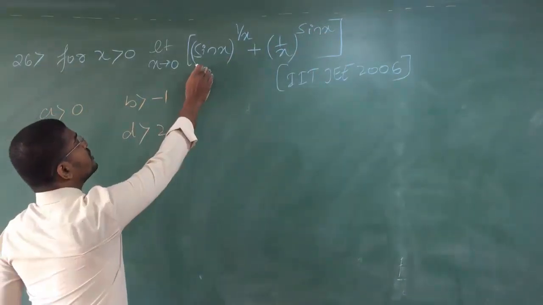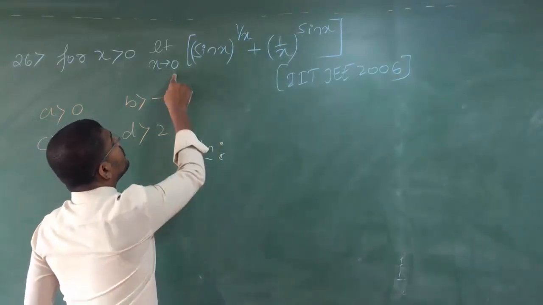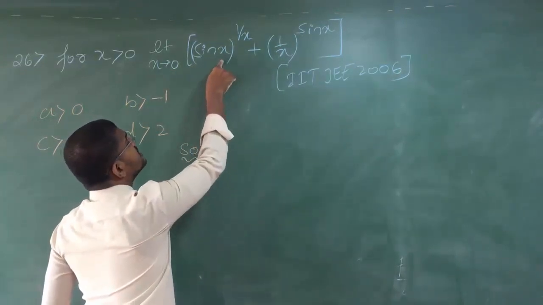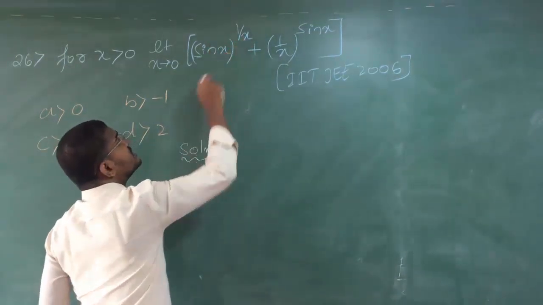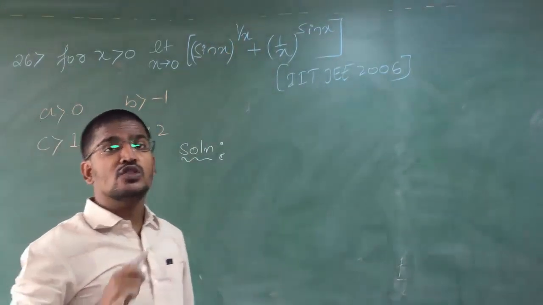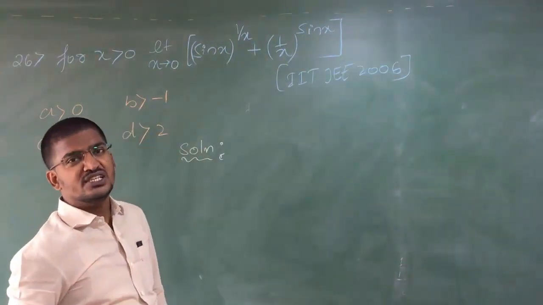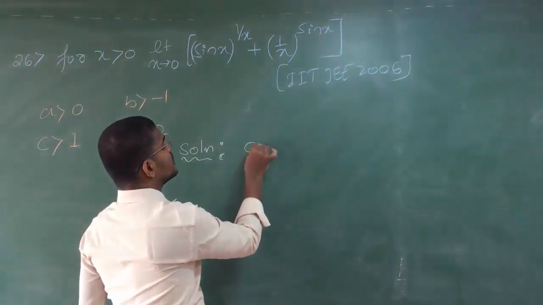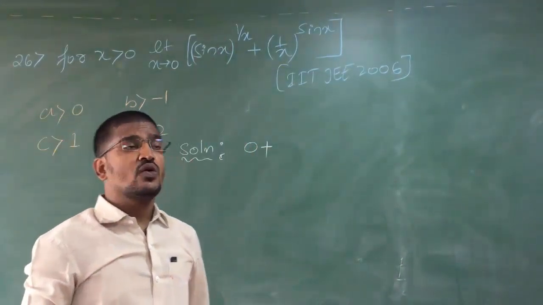Please observe very carefully while solving this. If I put x equal to 0 here, sin 0 will be 0 to the power of 1 by 0, that is infinity. 0 to the power of infinity you are going to get. From your very basics, very easy topics, you can say that this is 0. 0 to the power of infinity is going to be 0.